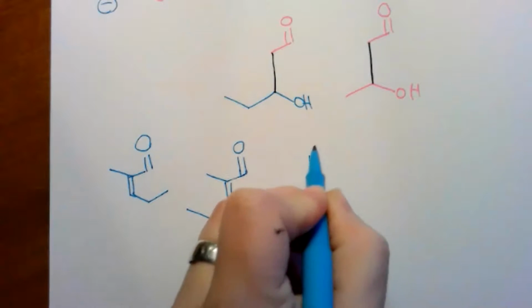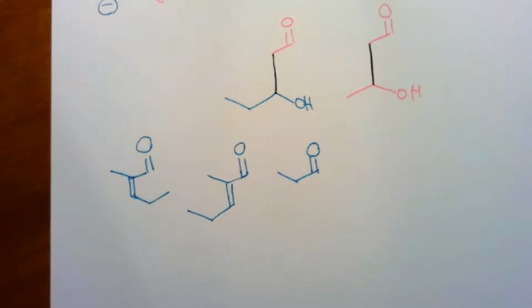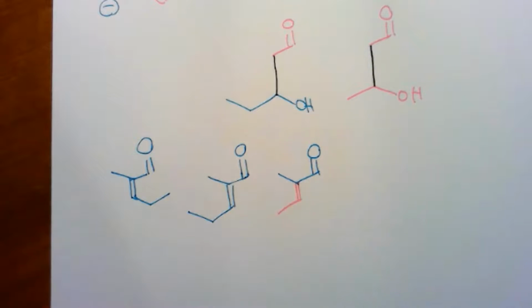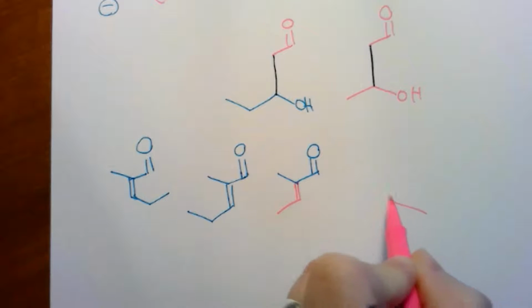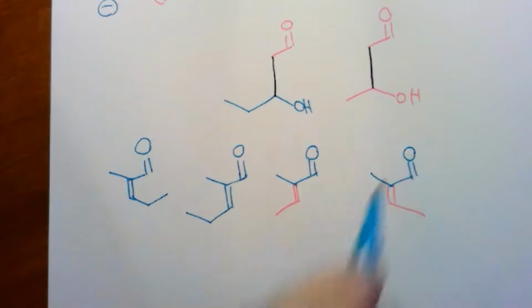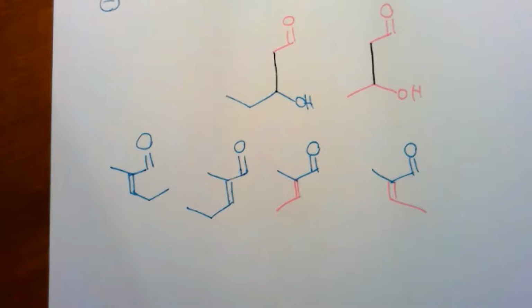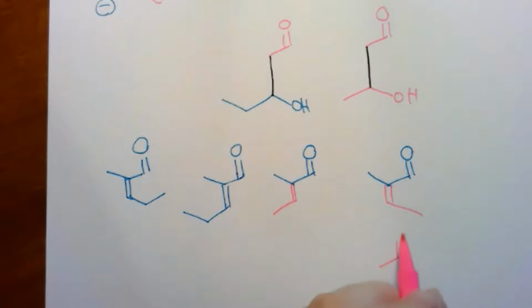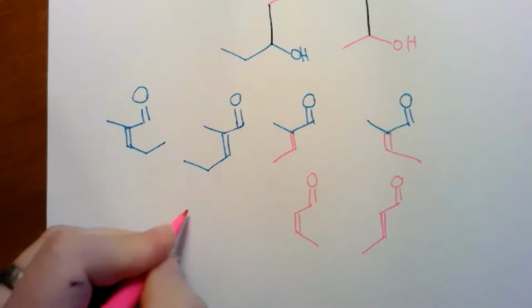The blue on pink version looks like this, and like this. One is E, one is Z. I hope you know who's who. The pink on pink. And the pink on blue.